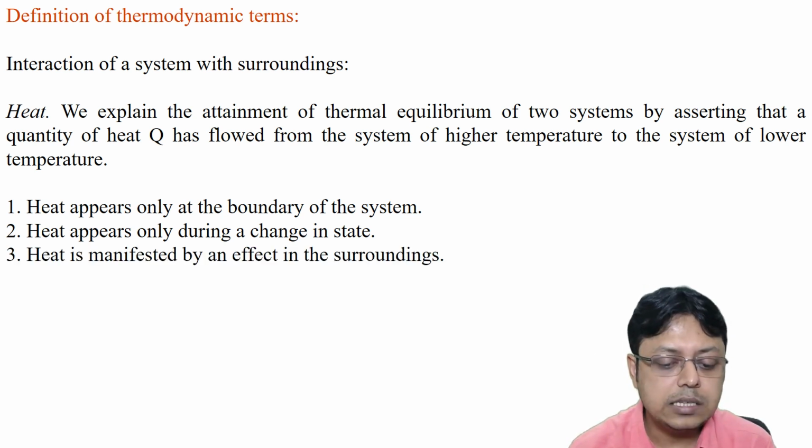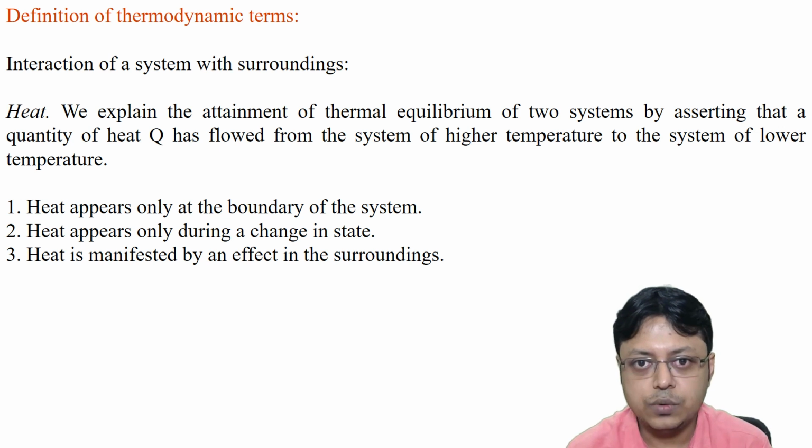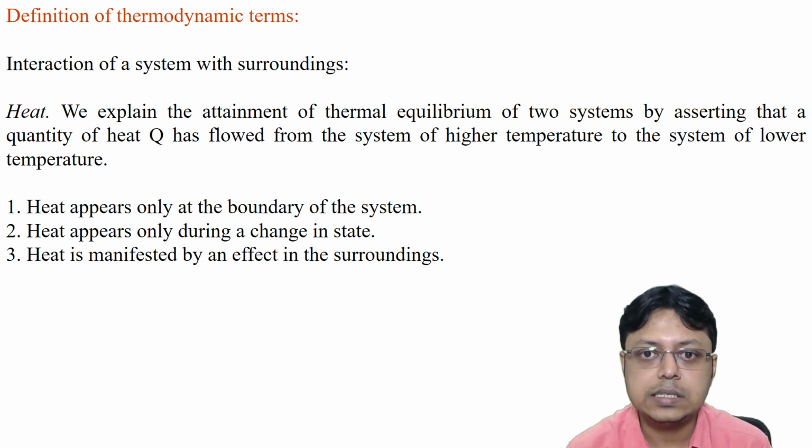Thirdly, heat is manifested by an effect in the surrounding. So remember that there is a system and there is a surrounding, and we are going to do some experiments on the system. Now we have to see the effects of these changes which we are performing on the system. However, these changes are observed in the surrounding.